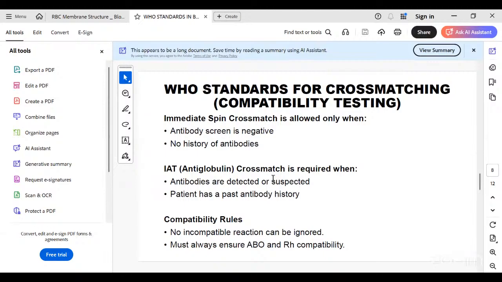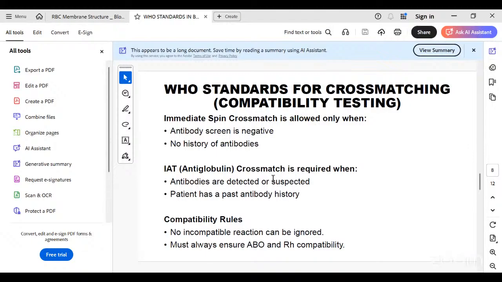You cannot do rapid screening because they might have antibodies to other minor blood groups, which might cause transfusion reaction, either acute or delayed. Of course, you have to do AHG for patients who have a history of antibody production.